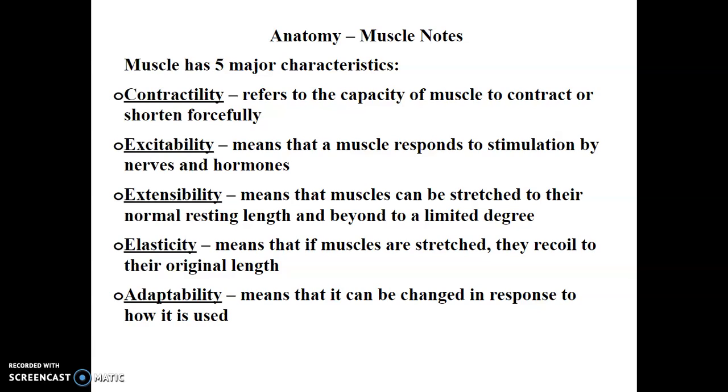Of course, we see with those types of objects, when you use them over and over again, they get stretched out. Muscles don't really do that, unless there is something wrong with them, or aging, disease, disorder, or injury. But by and large, muscles go back to their original length thanks to elasticity. And they're adaptable. That's the fifth and final characteristic. They can be changed in response to how they are used.